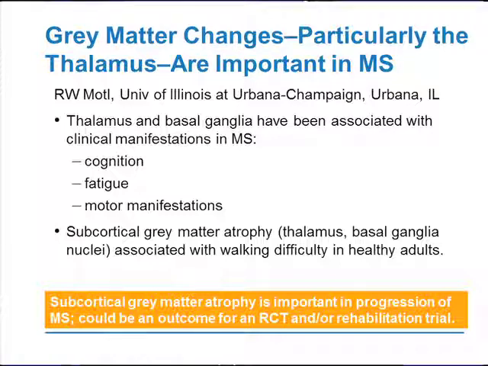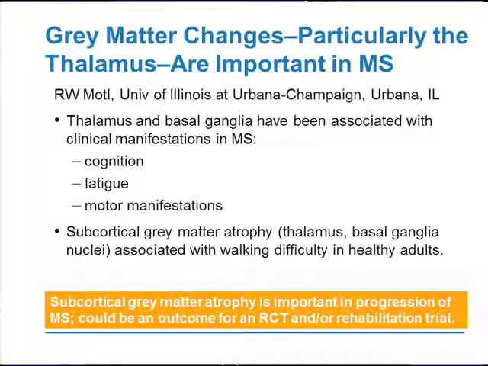Dr. Motl's group at University of Illinois did some interesting work that reminded us that the thalamus and the basal ganglia have been associated with clinical manifestations in MS. We saw this in a number of presentations on cognition, fatigue, and other motor manifestations. Something also to remember is that subcortical gray matter atrophy, thalamus, basal ganglia nuclei, is associated with walking difficulty in healthy adults.